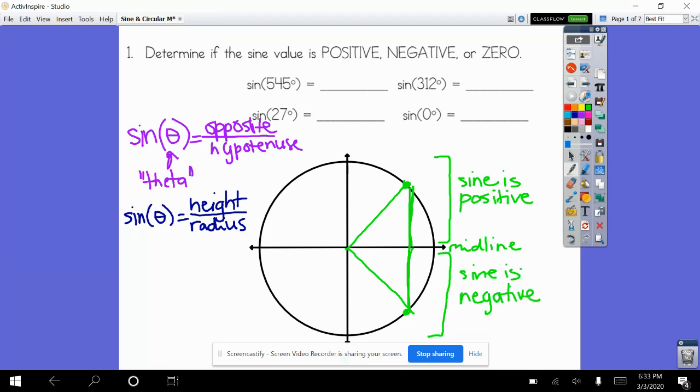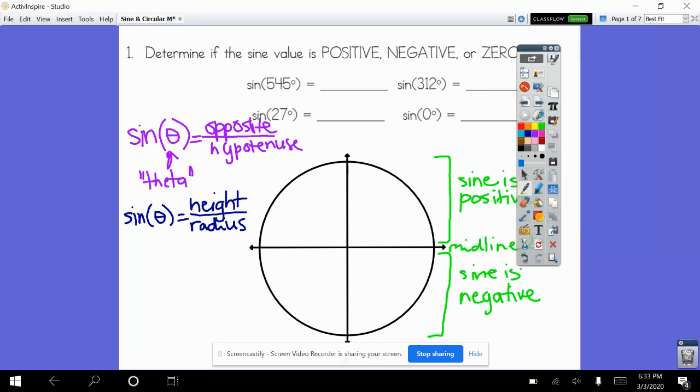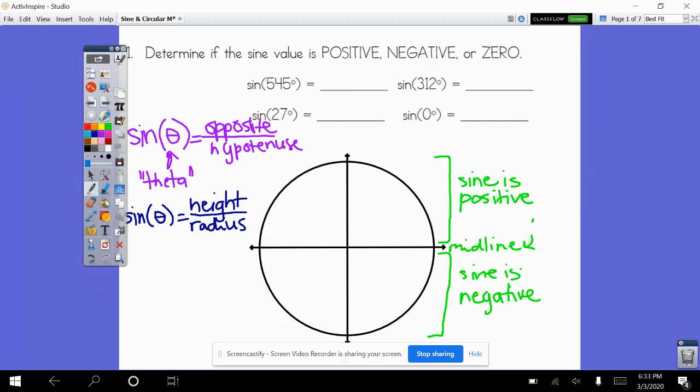Now, sine is zero. I'm going to erase this real quick. If sine is positive above the midline and negative below the midline, then sine must be zero at the midline.